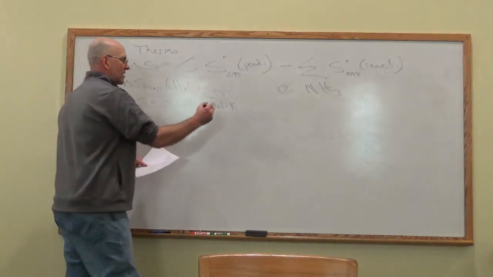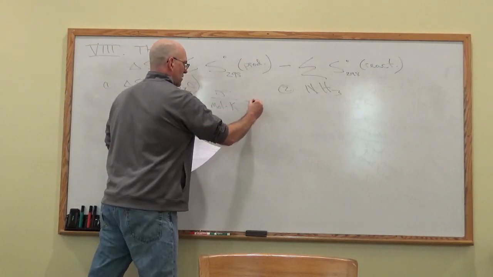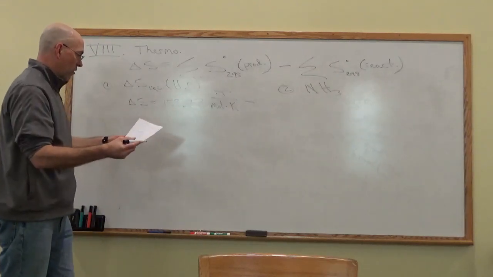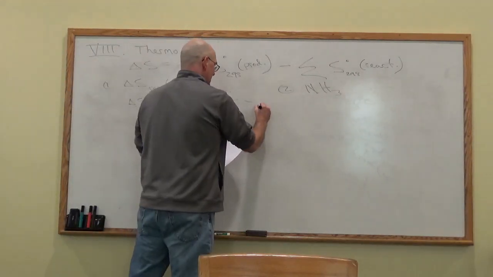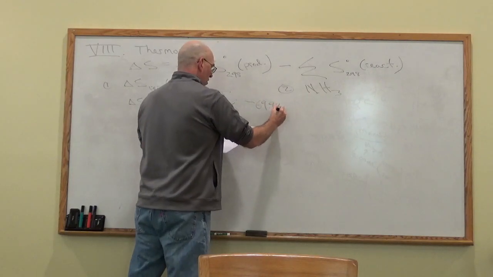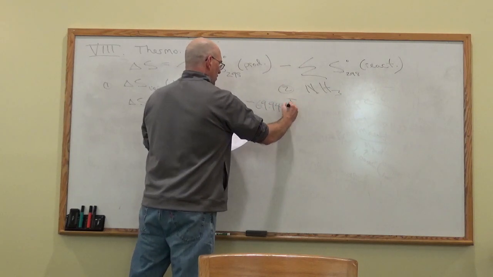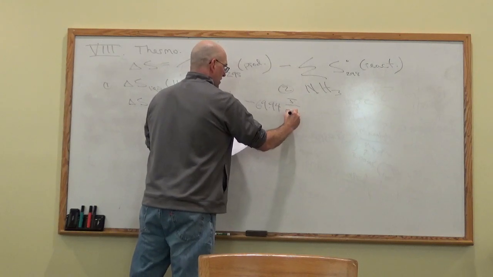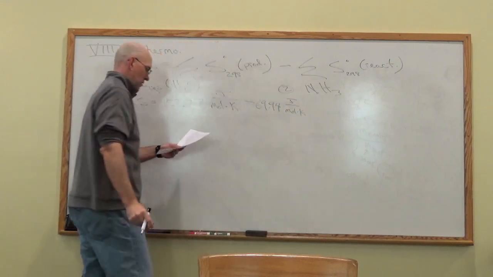And then we're subtracting from that, that's gaseous water, then liquid water is 69.94 joules over Kelvin. Well, it doesn't matter if it's Kelvin times mole or mole times Kelvin, to be quite honest.